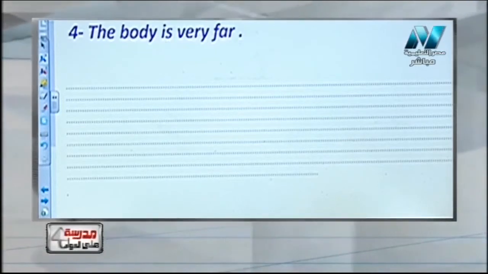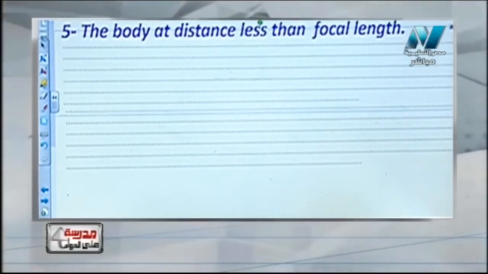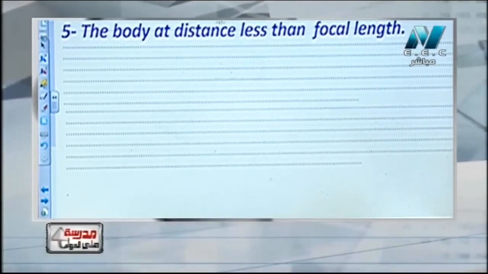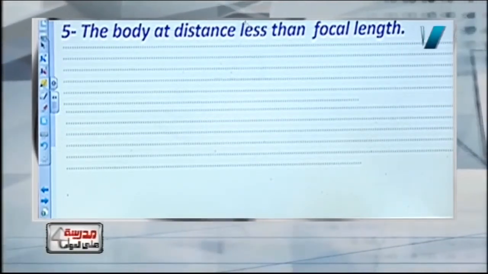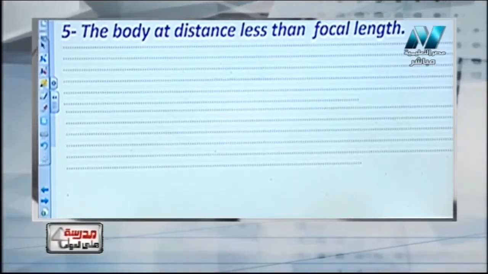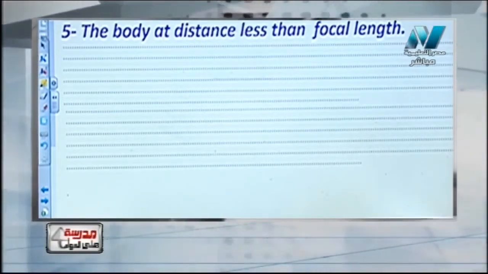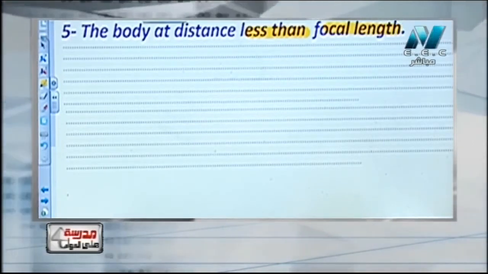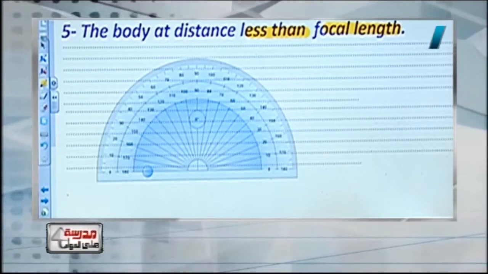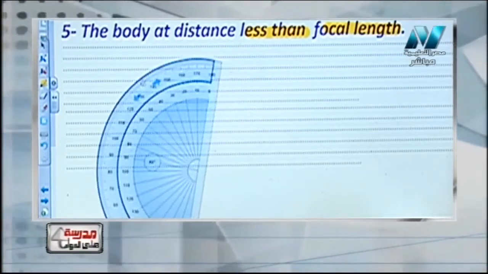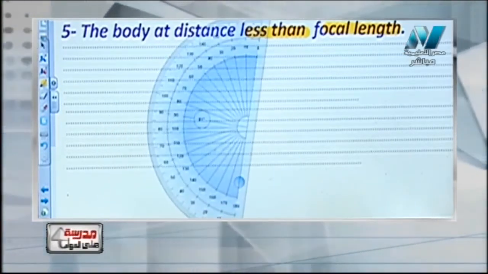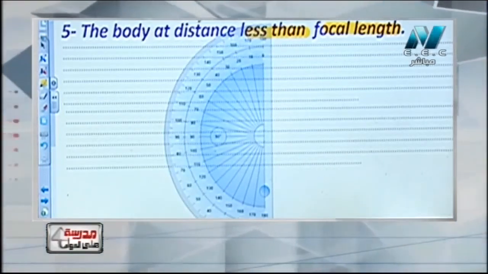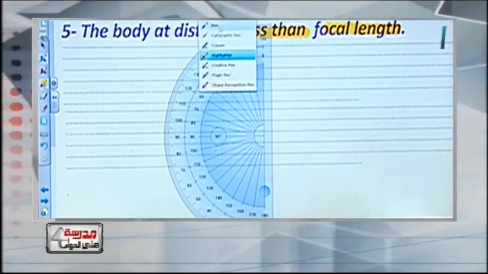زي ما احنا شايفين هنا body at distance less than focal length. Body at distance less than focal length اهي. طبعا هنستخدم برضو الرولر والبروتراكتور. Ruler and protractor. Less than focal length. Number 1, drawing the arc.